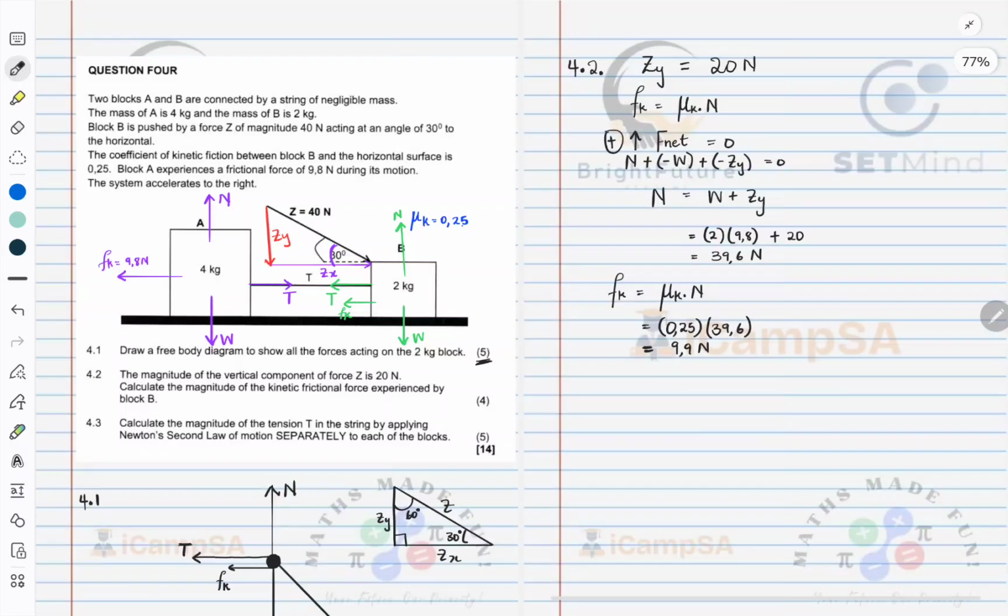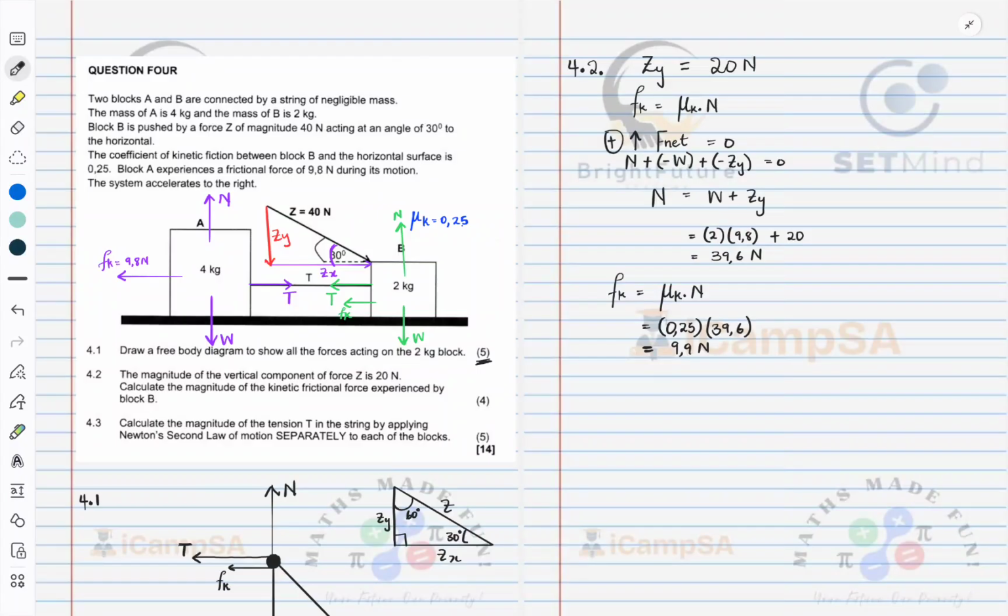That's it. That's how you would have done this part. So the frictional force experienced by block B is about 0.1 newtons higher than the one experienced by block A. That's interesting.